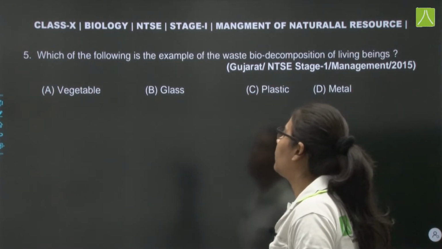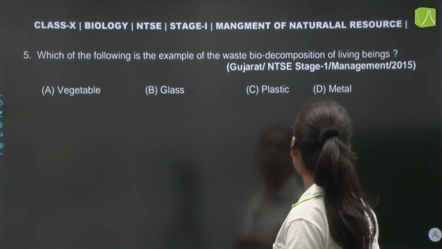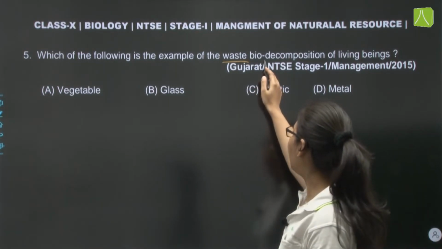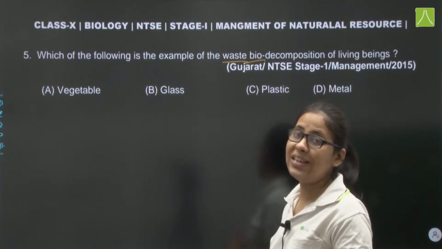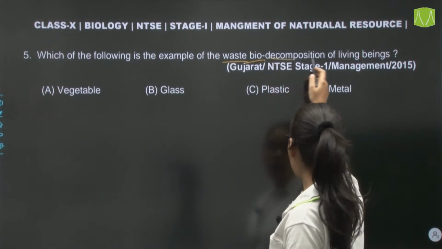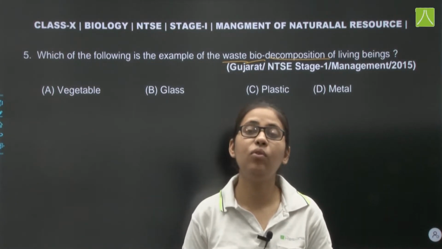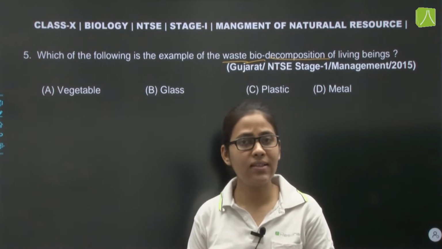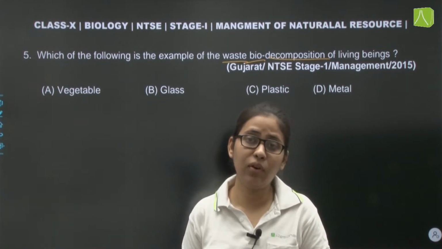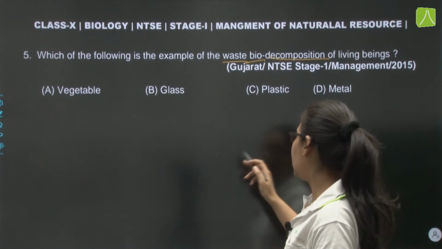Next question. Which of the following is the example of waste bio-decomposition of living beings? Waste which is no more in use, bio that is living, which can be easily degraded by the help of microorganism, decomposition of living beings. ऐसा कौन सा इनमें से जो substance है जो easily biodegrade हो जाएगा by the living organisms? The options are vegetable, glass, plastic or metal.